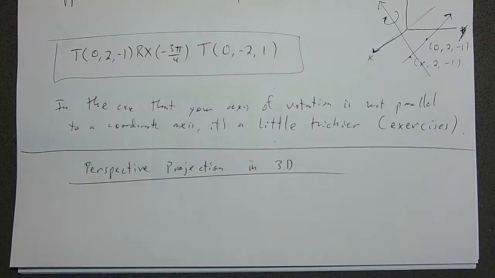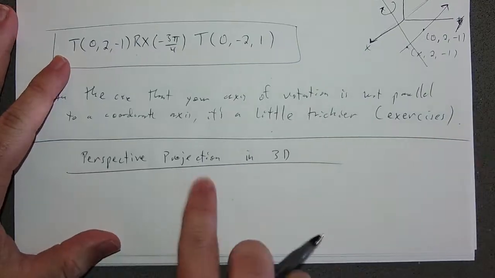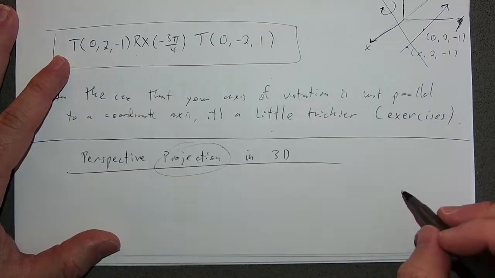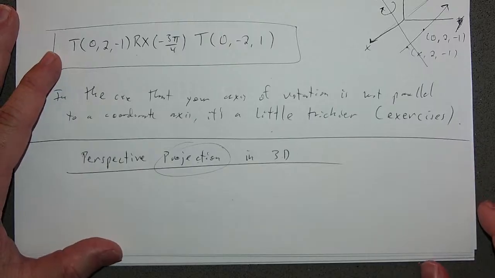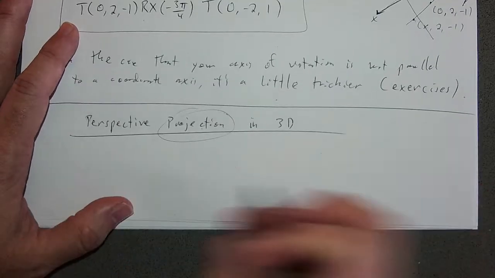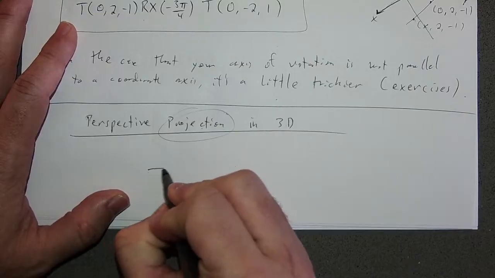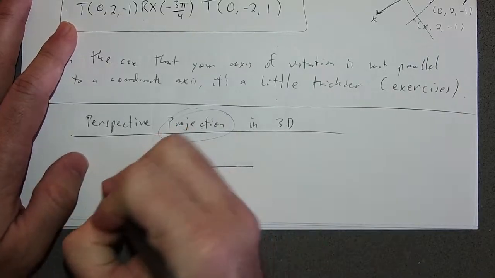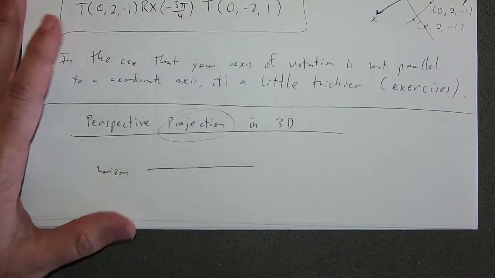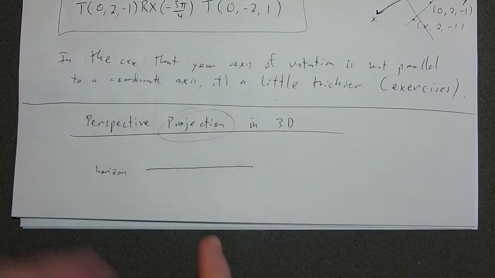So, easy context here. You may have been tasked at some point in your life with drawing, say, train tracks approaching a horizon, or a road approaching a horizon, right? And so when you go to do that, here's your horizon, and you are trying to draw an image where you're looking straight.